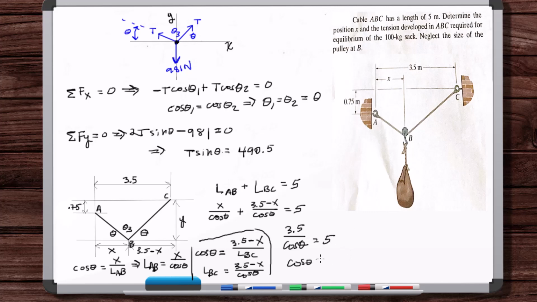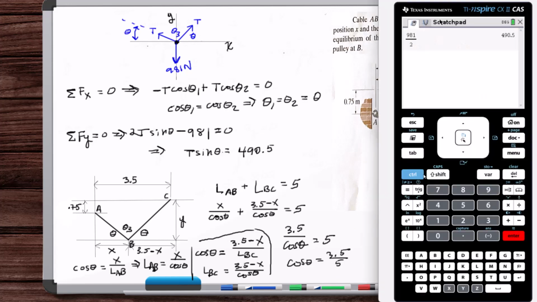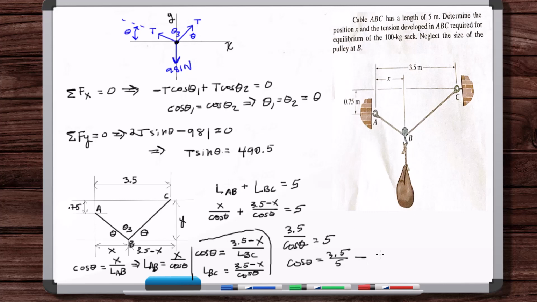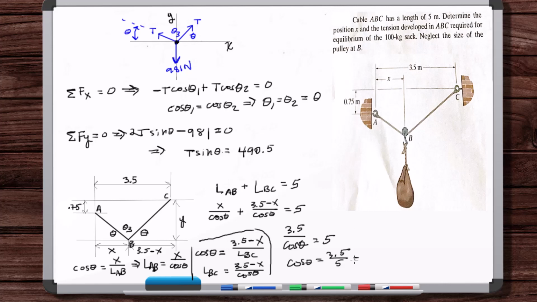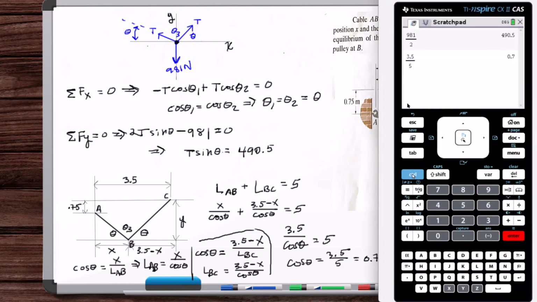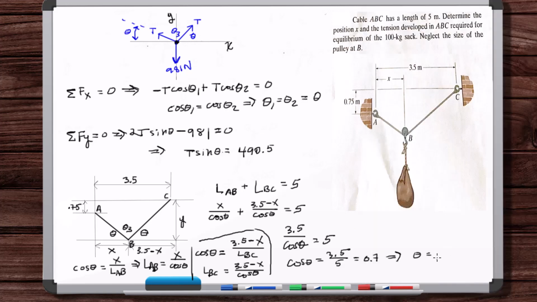So cosine theta is equal to 3.5 divided by 5, which is equal to 0.7. So theta is equal to 45.6 degrees.